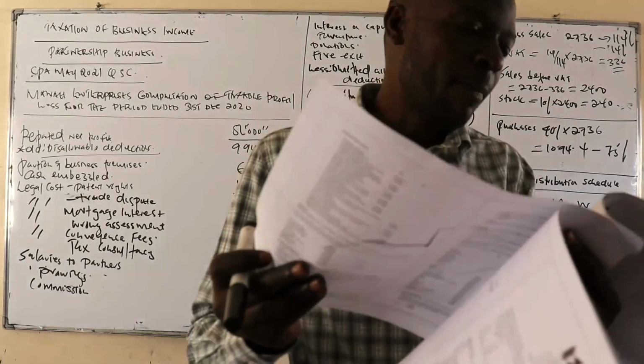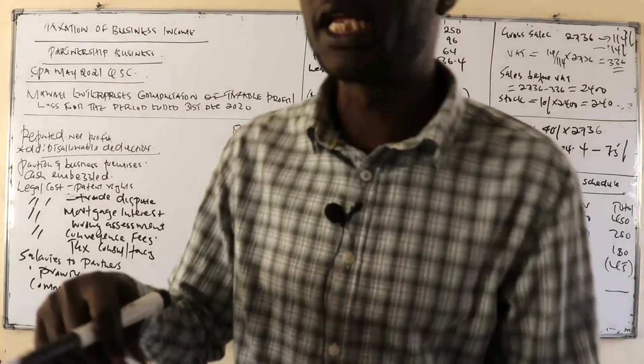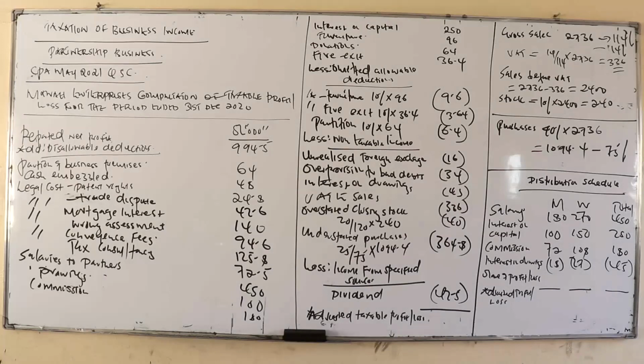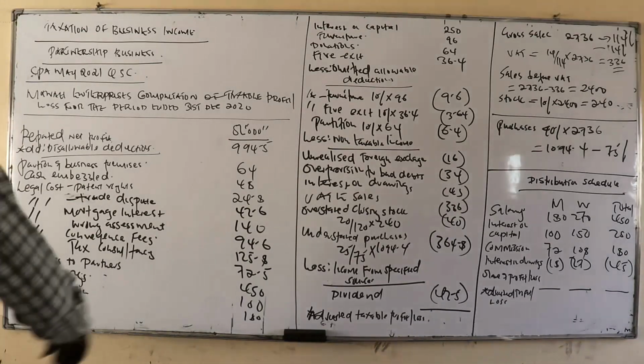So you open May 2019 question number 4. May 2019 question number 4, taxation of companies.